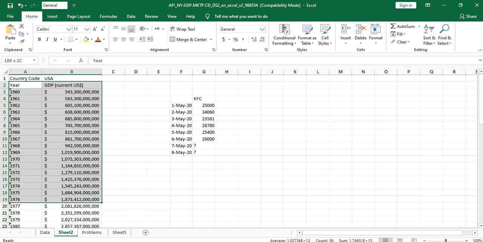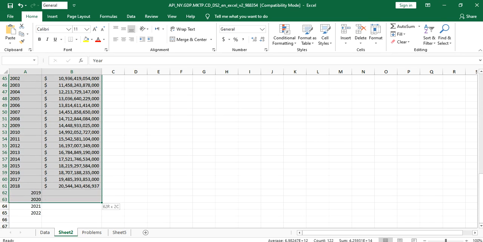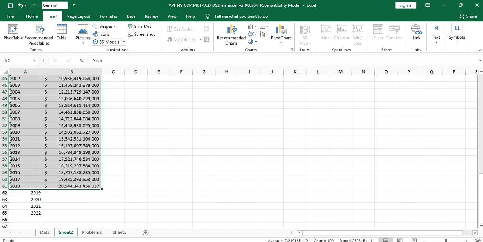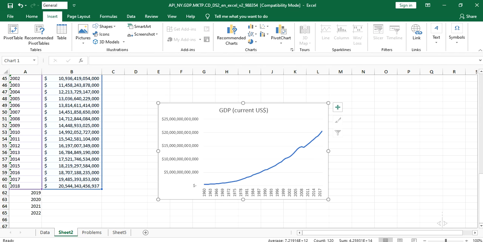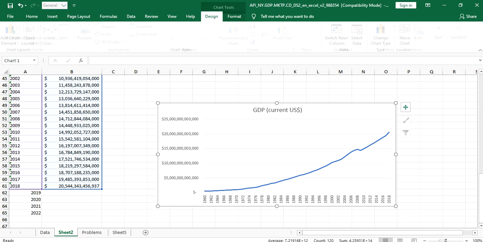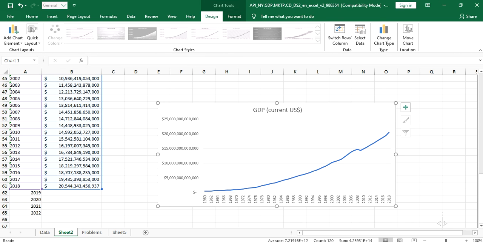The best way is to plot it in a graph. Let me plot it here. From this one we see there's a trend, and it is an upward trend, a smooth upward trend.